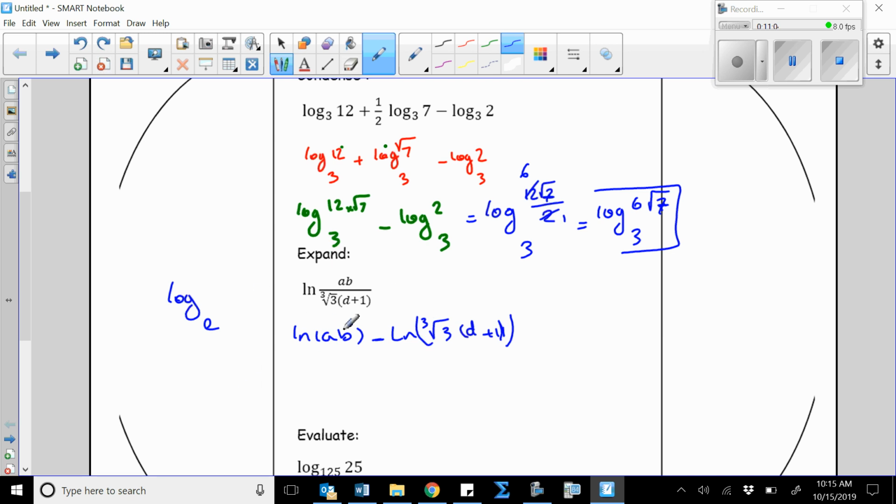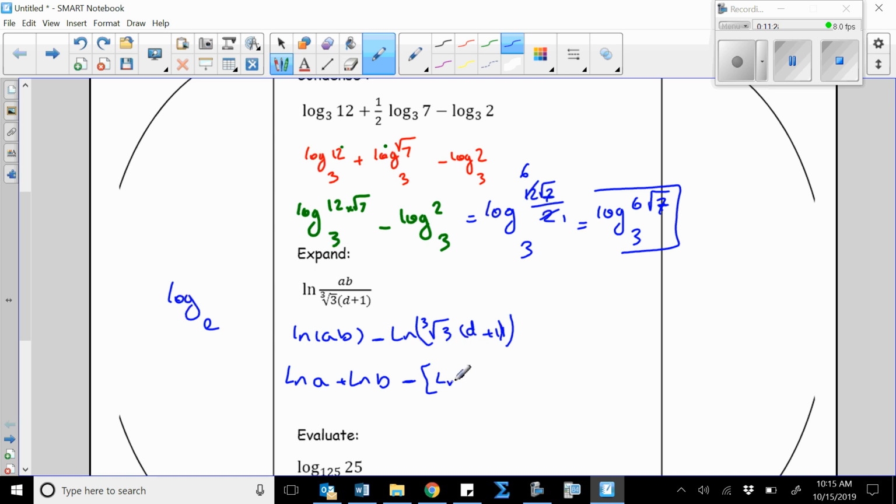Now, the first term, the first natural log, is natural log of a times b. So I can expand this as natural log of a plus natural log of b based on the product rule. Then the second one, I'm going to open a bracket for it. This is natural log of cube root of 3 times d plus 1.